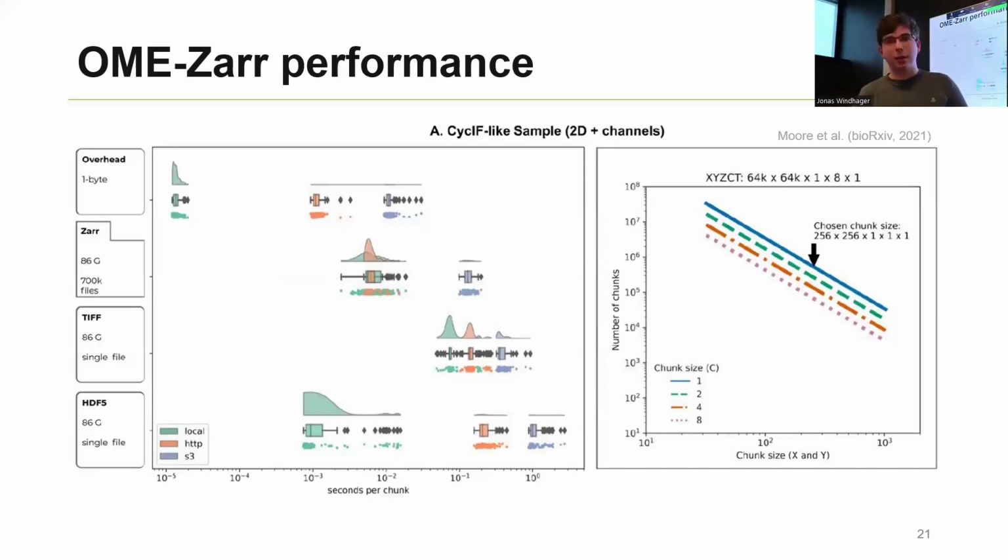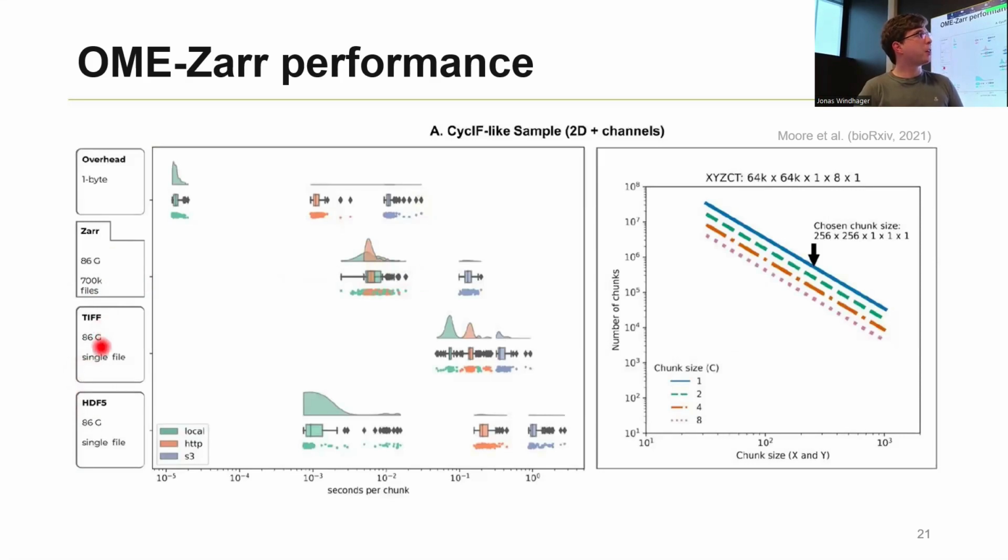What this allows is high performance access of regions of an image. This is from the original publication of OME-Zarr, where you have the individual rows for Zarr, TIFF, and HDF5, all simulated image data of similar size, 86 gigabytes.